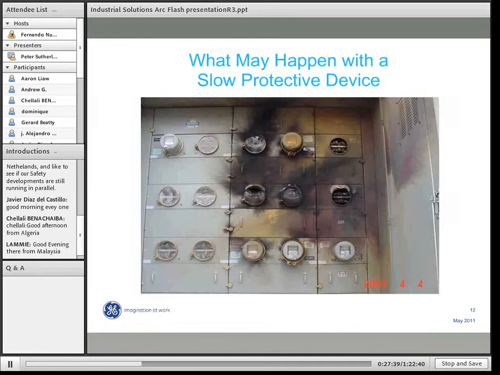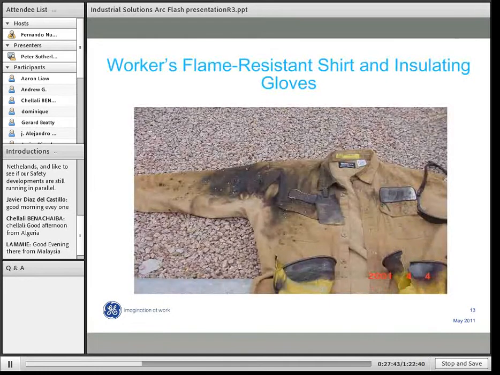And on the next page, you see the workers' flame-resistant shirt and insulating gloves, and you can see that the shirt was actually burnt through, and that the gloves were also damaged, so that the workers' hands were burned as well.